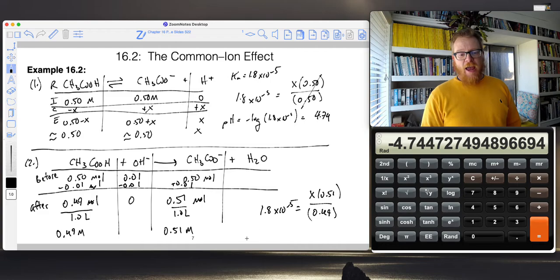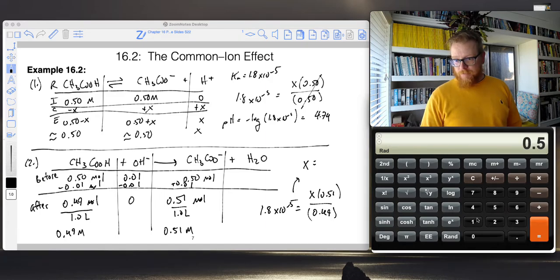Okay. So now when I calculate that here, X is going to equal something just slightly different than what it did before. So 0.51 divided by 0.49, okay? So that all equals 1.04, and then I can divide that over to the other side, right?